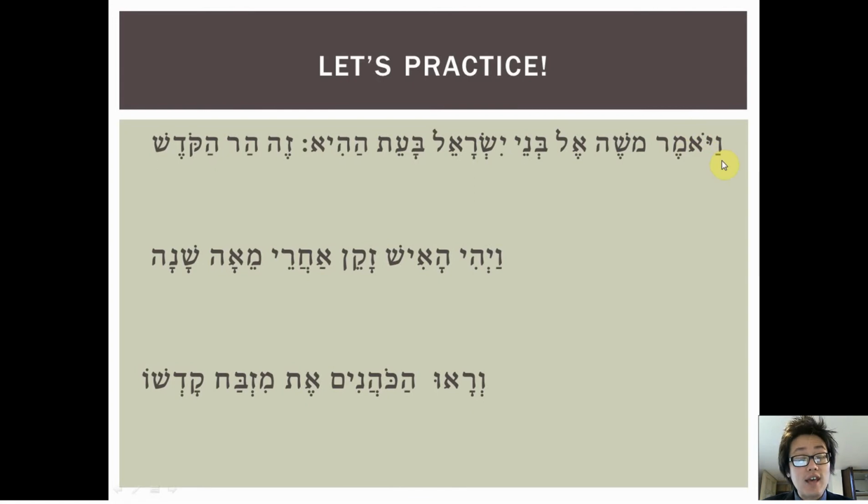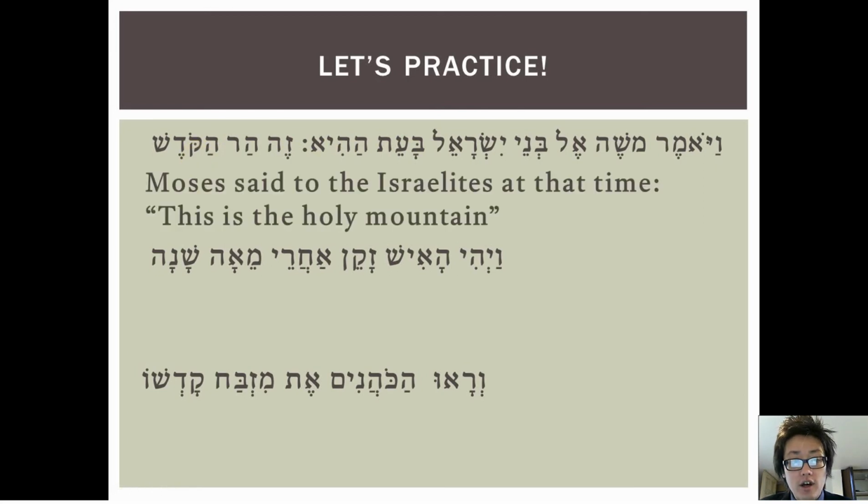So this is our reversing vav. So we would normally translate this, if we kind of bracket out the vav for a moment, Moshe will say to the Israelites in that time, this is the holy mountain. Now what happens when we put the reversing vav on it?